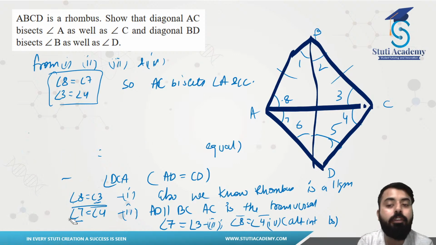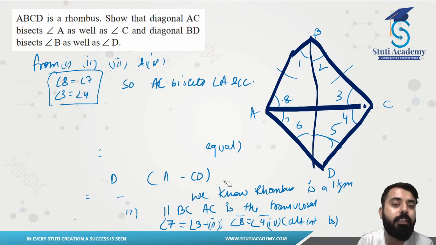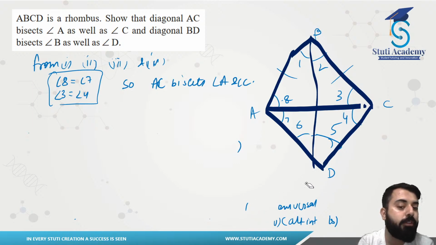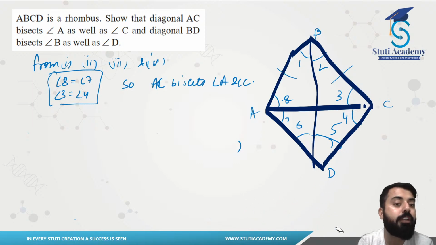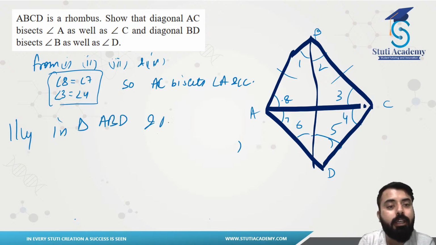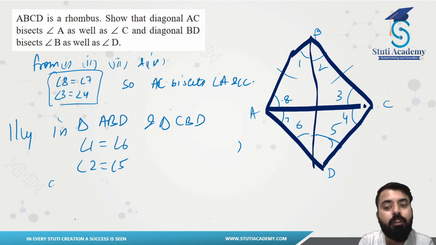Similarly, if you take these two triangles ABD and CBD, you can easily prove that angle 1 is equal to angle 6 and angle 5 is equal to angle 2. In triangle ABD and triangle CBD, I can say angle 1 is equal to angle 6, angle 2 is equal to angle 5.